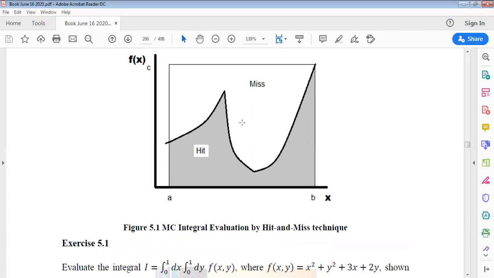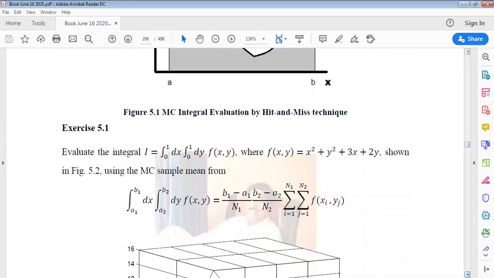That this is the important area, this is the important area, but this is not the important area. So you can draw a bounding rectangle above it, and this is what we discussed when we saw how to sample from non-analytic functions. So this is the hit and miss technique.